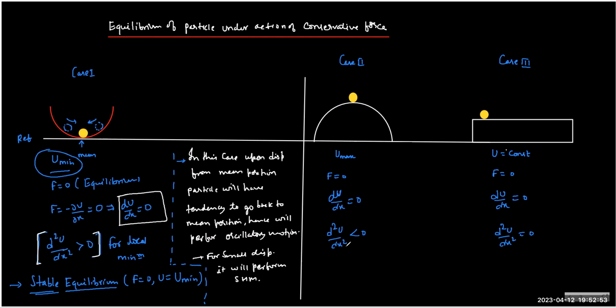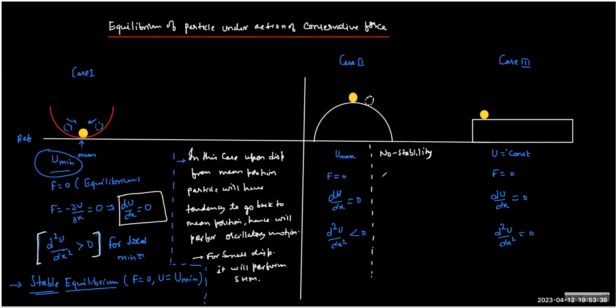In case two, if you displace slightly towards the right, what do you expect? What will happen? Siddhant, tell me. So it will roll down. It will continue moving in the direction of displacement, right? Yes. So no stability.